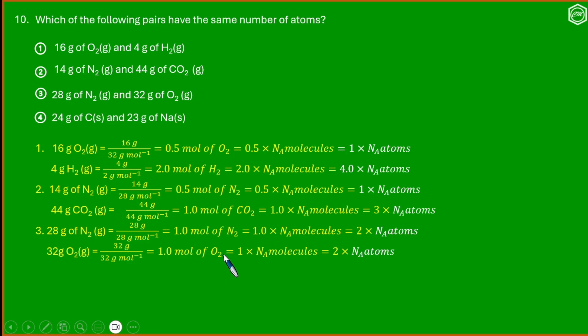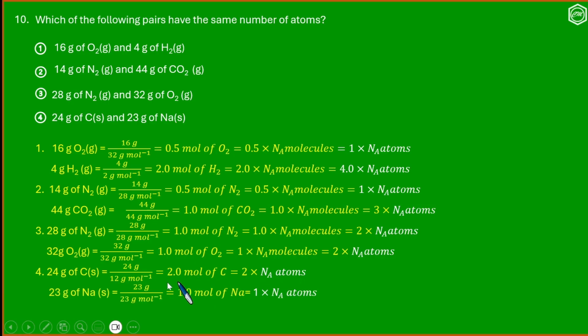One oxygen contains 2 atoms, so 2 into Na atoms. Fourth one, 24 gram of carbon, 24 by 12 gram per mole, that is 2 moles, 2 into Na atoms. 23 gram of sodium, that is 23 by 23 gram per mole, 1 mole of sodium atom. In option 3, the number of atoms of both are the same. In all other cases, the number of atoms are different. So option 3 is the correct option.